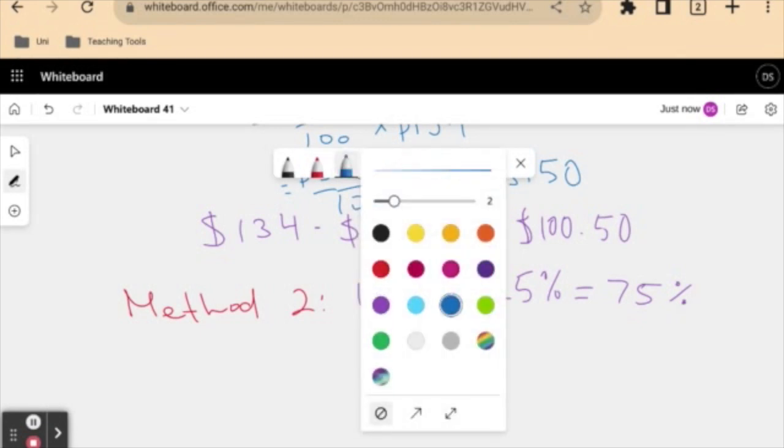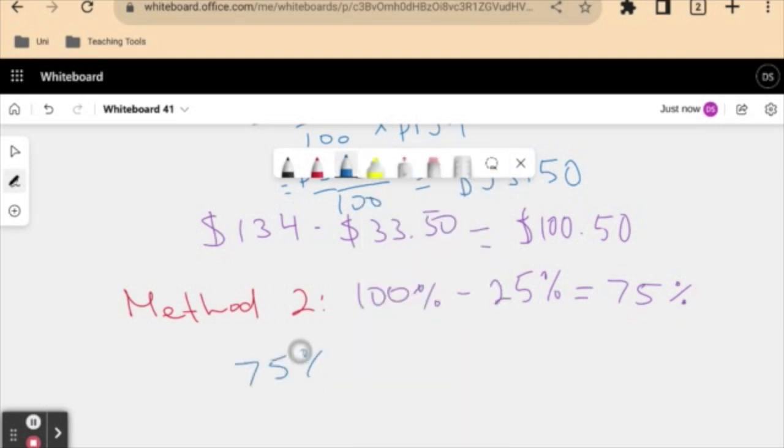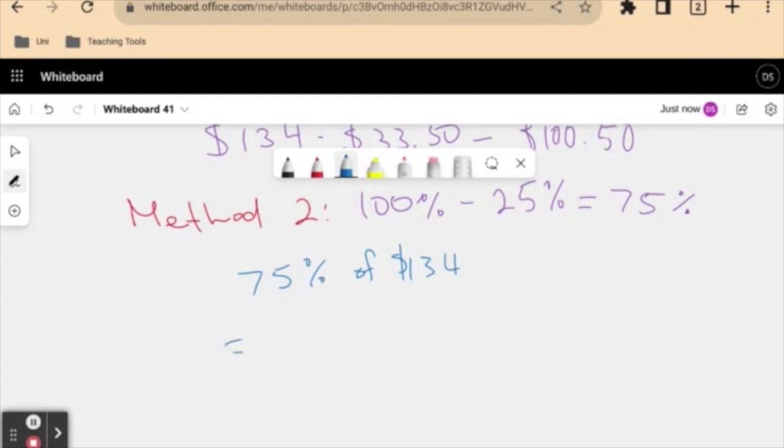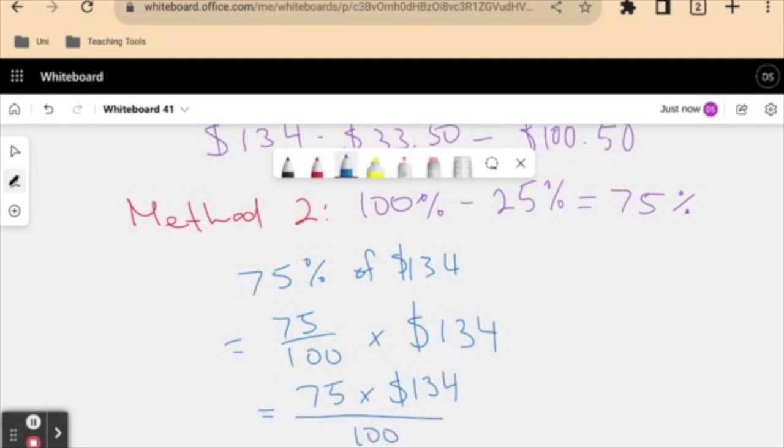So this is like saying we want 75% of $134, and writing this percentage as a fraction, we get 75 over 100, lots of 134, and our numerator will multiply by our quantity and get divided by 100, and we end up with 10,050 hundredths.